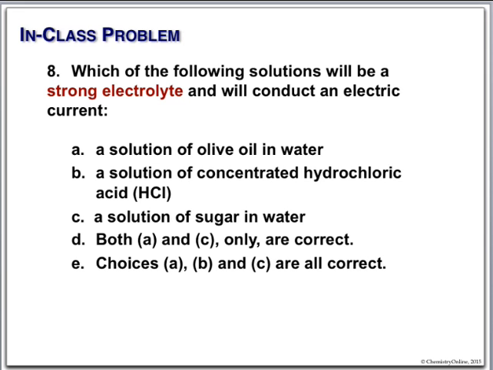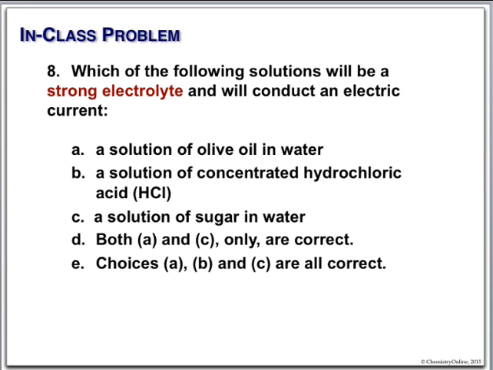Hydrochloric acid is a covalent compound, but water is able to break the covalent bond between the proton and the chlorine, forming hydronium and chloride ions. The thing that makes something conduct electricity is ions. So B looks good. We actually did this one in lab. Sugar and water.